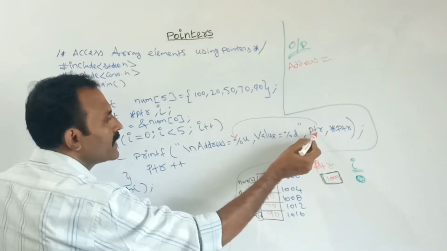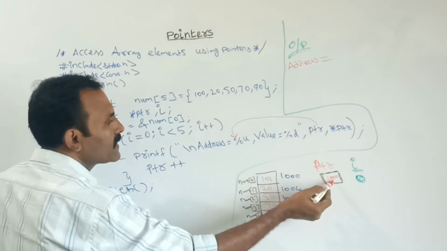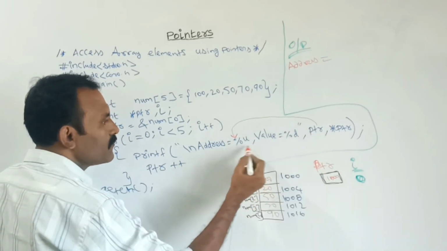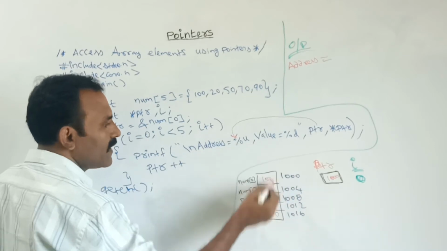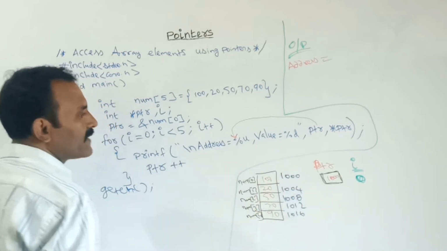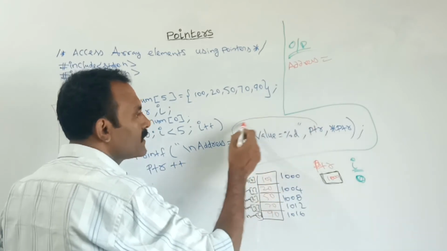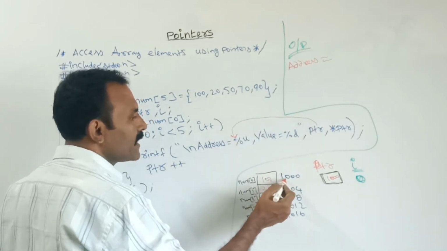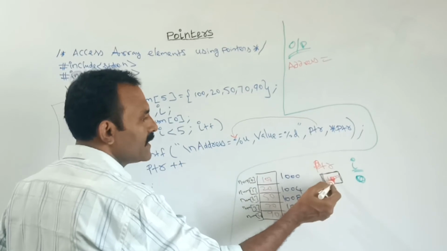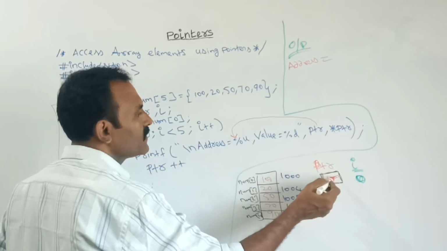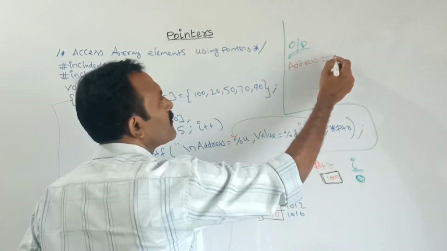So this PTR, inside this PTR address, if you want to print the address we should give %u, because an address is always unsigned, it will not have any sign. So here I am using %u. So this PTR, the current address, will print. What is the current address here for the PTR? Currently it holds the address value 1000. So here it will print 1000.